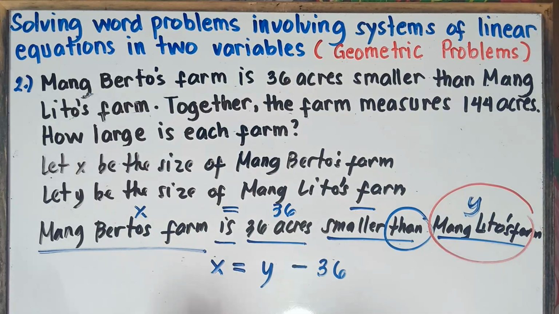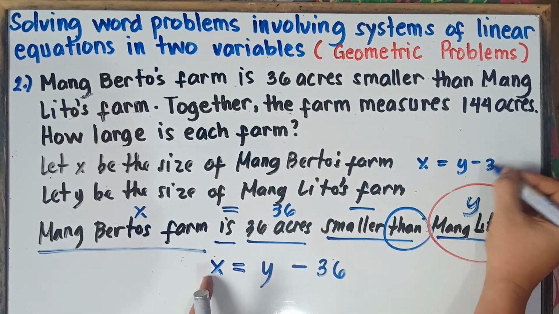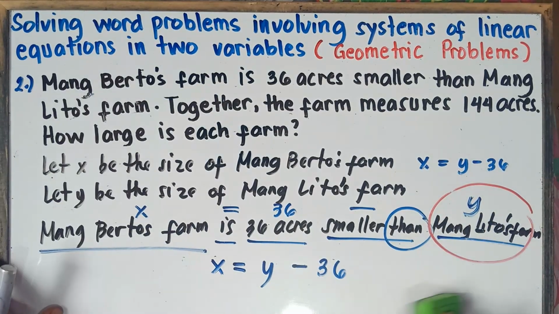It should be X equals Y minus 36. Therefore, the value of X is Y minus 36. So X is equal to Y minus 36.